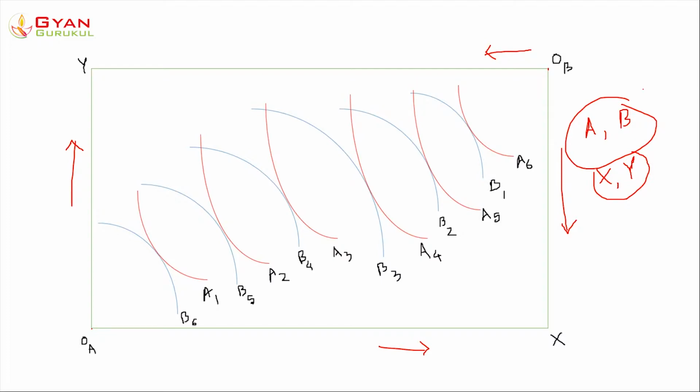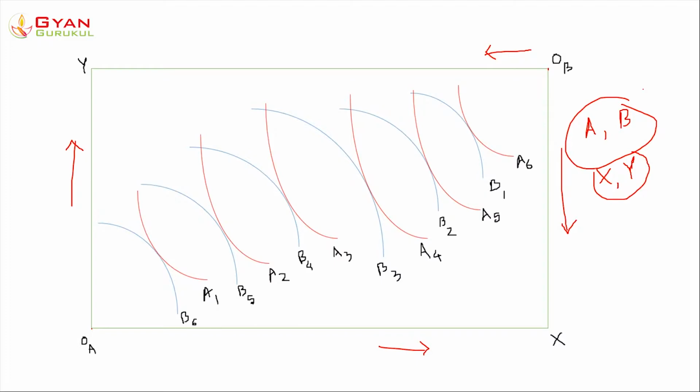Now, with the help of indifference curve analysis, we have drawn a family of indifference curves for both consumers, consumer A and consumer B. The indifference curves representing consumer A are denoted by A, like A1, A2, A3, A4, A5, A6.